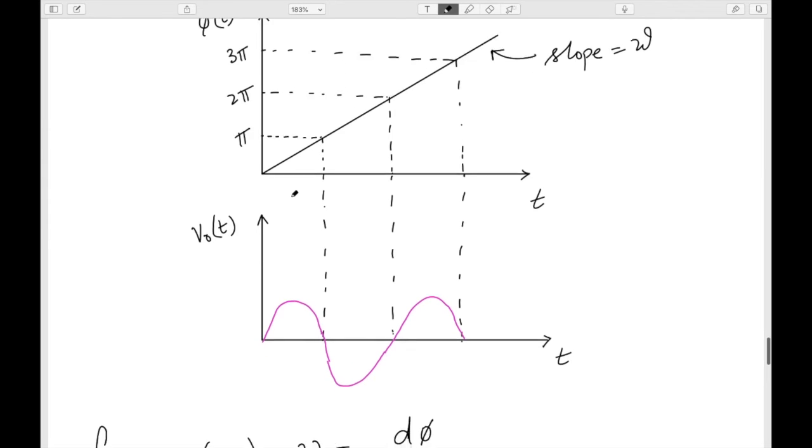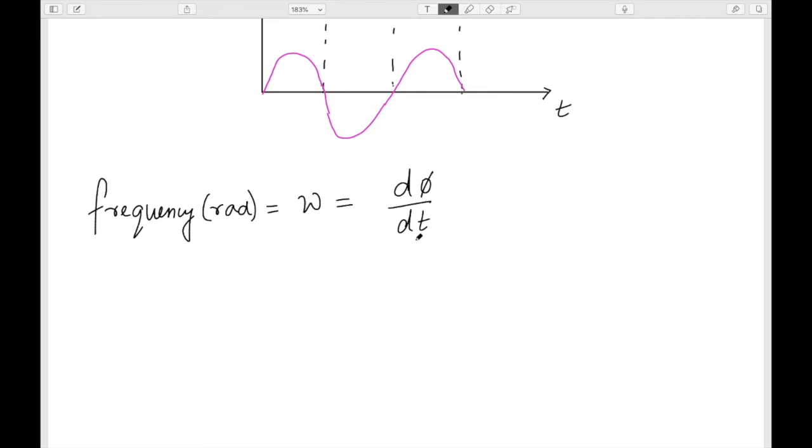Then to know my frequency, I should take dφ(t)/dt, or for simplicity it's sometimes represented by just dφ/dt. The t is dropped, assuming that this φ has a variation with time.